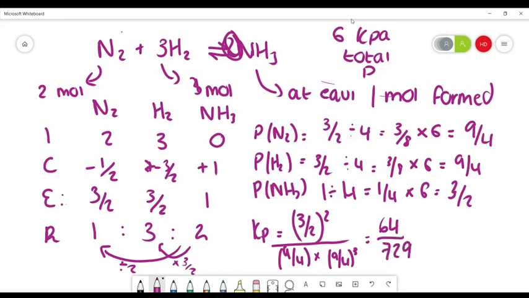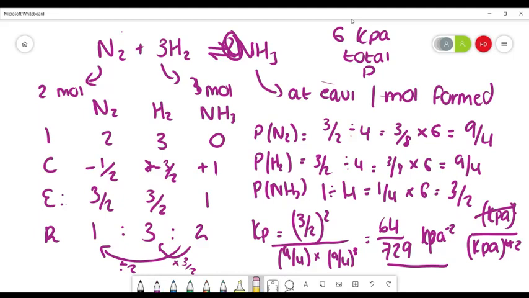And your units: you have kPa squared on the top, and kPa to the 4 on the bottom. You can cancel that, so it's kPa to the minus 2 as your unit, and that should be your answer at equilibrium at that particular temperature. Because again, like Kc, Kp is only affected by the temperature, not by pressure or by changing anything else.